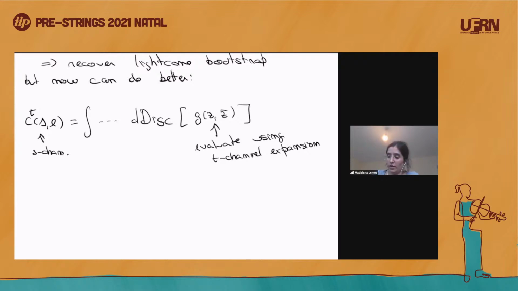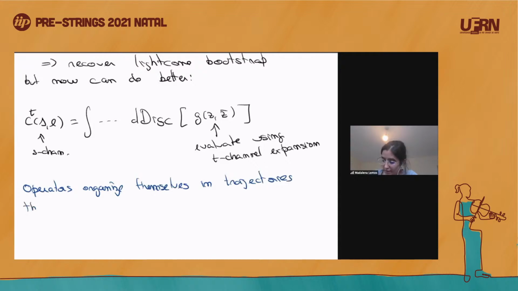So we now discover that the operators organize themselves in trajectories that are analytic in spin. So these are called Regge trajectories.